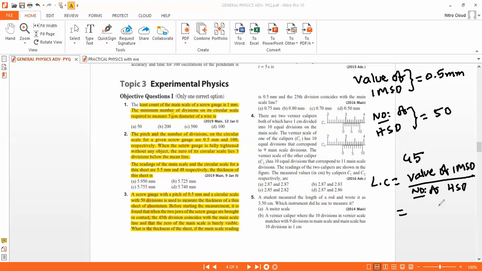That is 0.5 mm by 50, which I can write as 1 by 100 mm. That is my least count. Here they gave that the main scale reading is 0.5 mm. So firstly we will find the error.